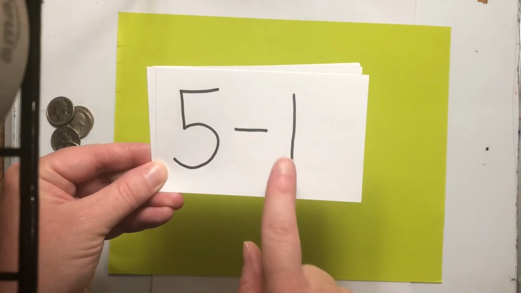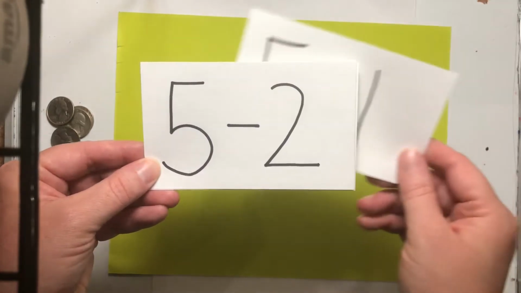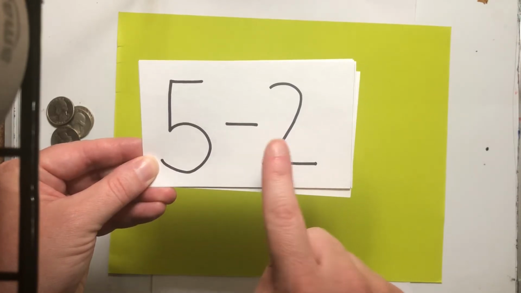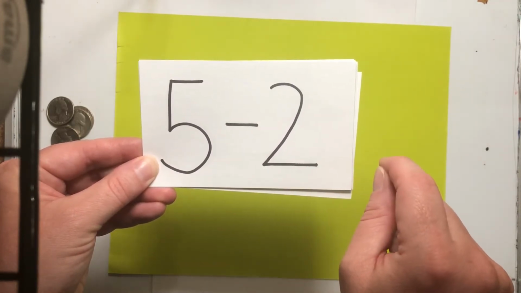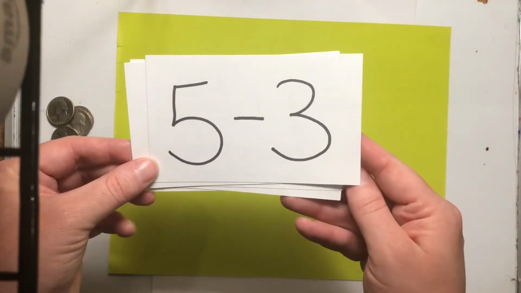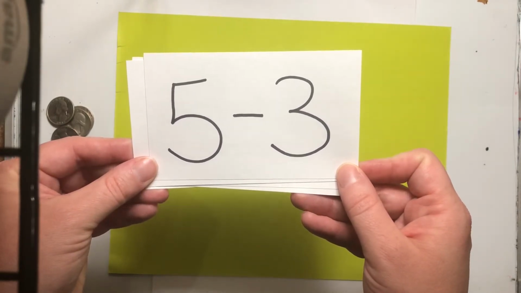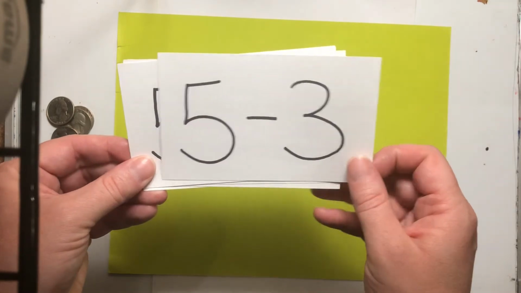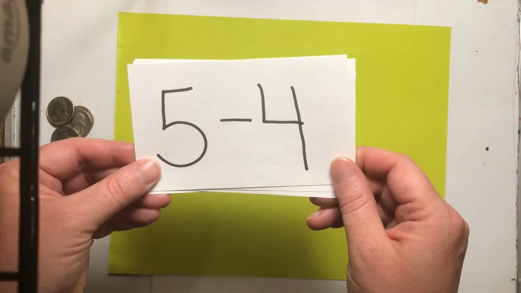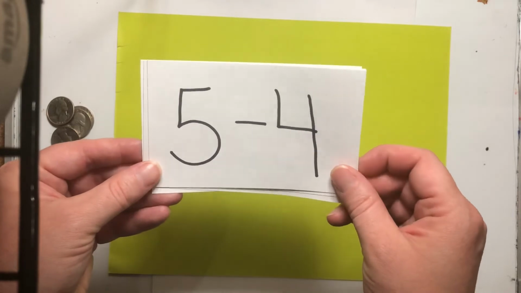5 minus 1 equals 4. Good. 5 minus 2 equals 3. Good. 5 minus 3 equals 2. 5 minus 4 equals 1.